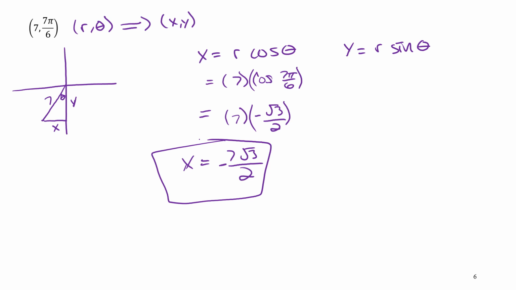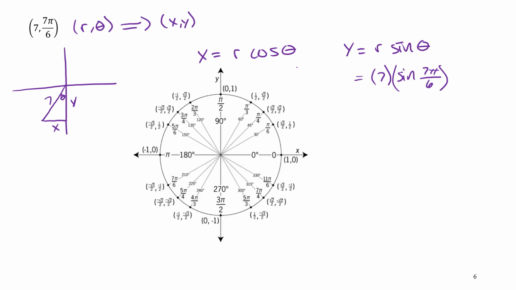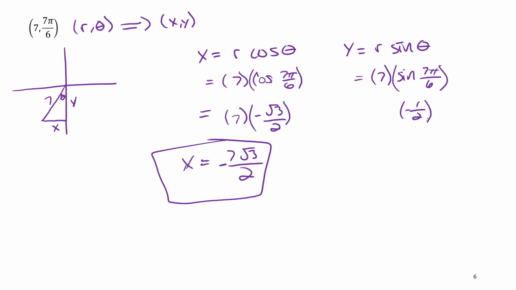For our y, we know that our radius is 7, and for sine, we know that our theta is 7 pi over 6. Looking at the unit circle, you will see that sine is equal to negative 1/2.